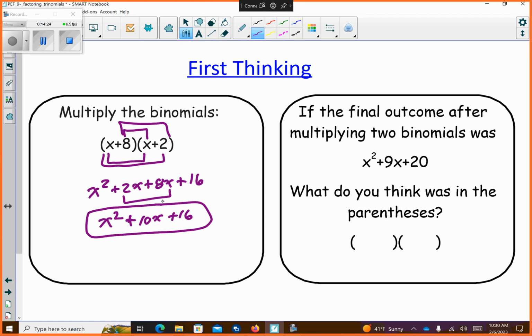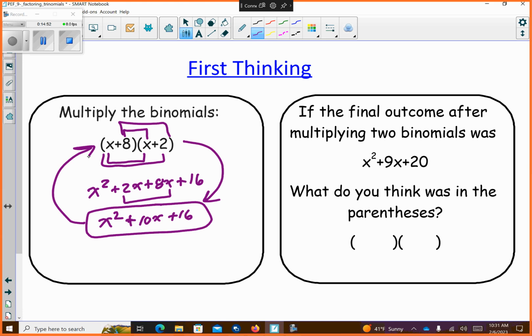So we have gone from here to here, but now we're going to go from here to here. Let's do it. So we're going to undo these. Page 45, sorry.